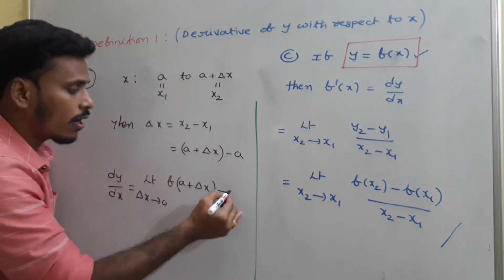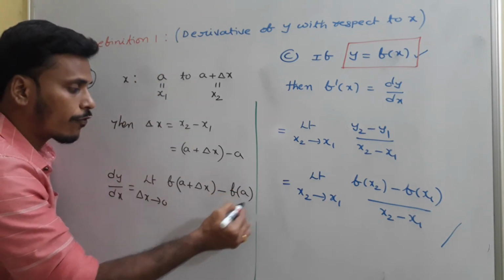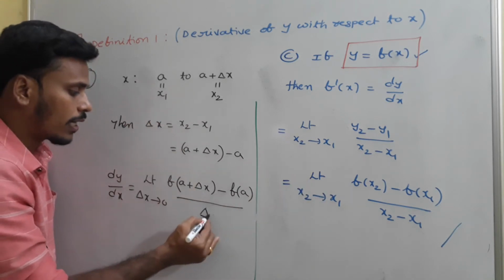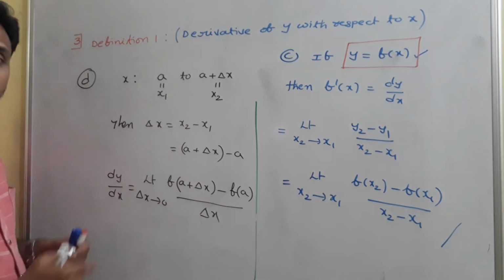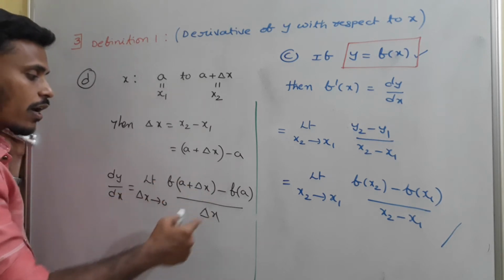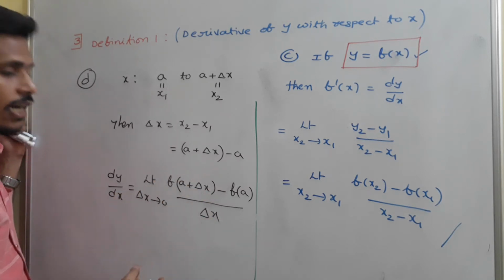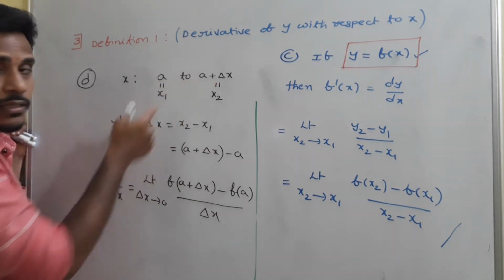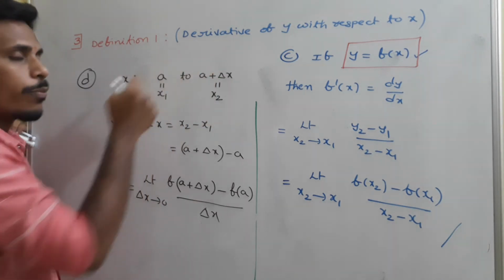Here in particular our x1 is f of A, divided by x2 minus x1, which is simply delta x. Limit delta x tends to 0, f of A plus delta x minus f of A by delta x, and this delta x is just a change in x. A is changing to A plus delta x.